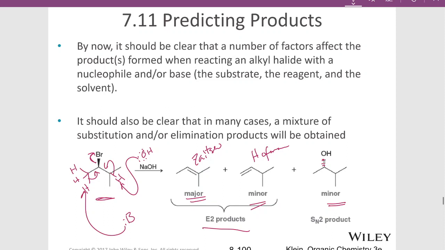So in this case, we have both regiochemistry for the elimination products and stereochemistry to consider for our substitution product. But remember, we can even have stereochemistry from our elimination products if we get cis or trans isomers.